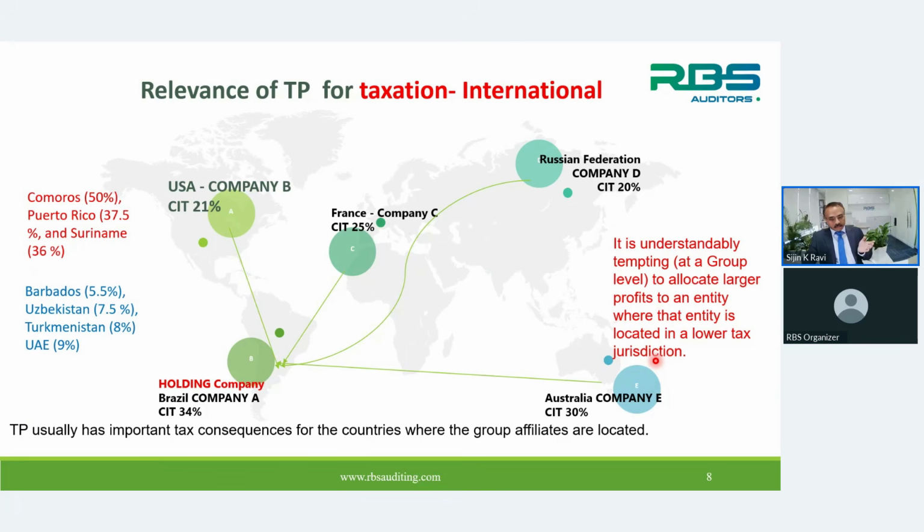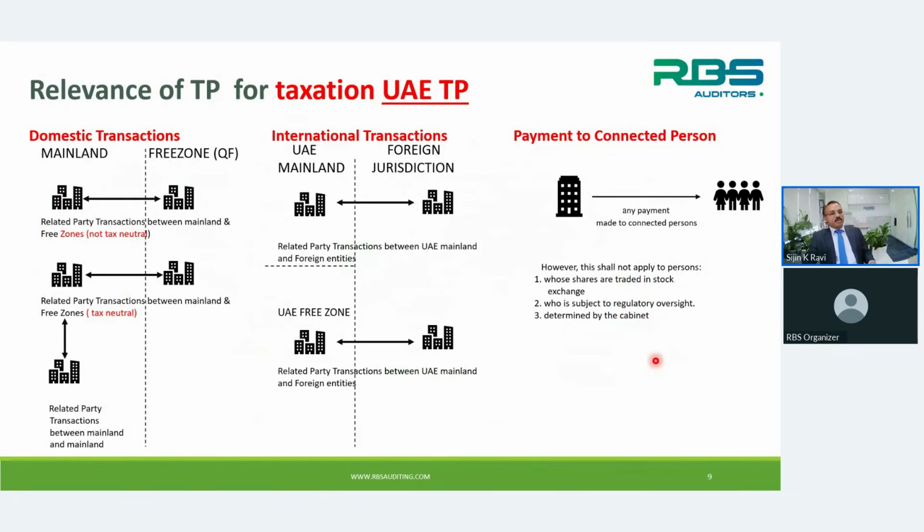So why did TP come into the picture? Because multinational companies are shifting transactions between related parties to different locations. To avoid this tax evasion, they are adjusted. Now let's see the relevance for taxation for UAE TP. In the previous slide we spoke about international transactions, but relating to UAE TP, there are domestic transactions, international transactions, and payments to connected persons.